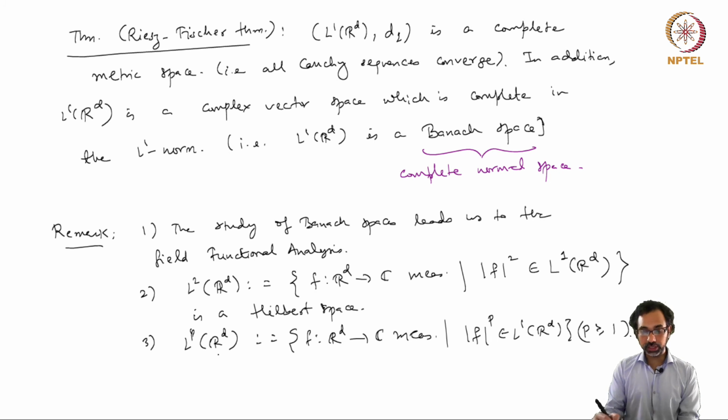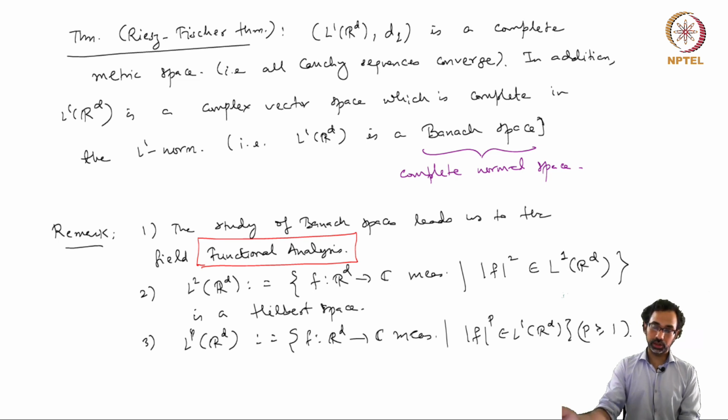So all of these L^p spaces are Banach spaces, but in particular L2 is the only one which is a Hilbert space. All these things are topics taken up in the field of functional analysis. We don't have time to go into all these details, but the Riesz-Fischer theorem is a very fundamental first result in this area, which says that L1(R^d) is a Banach space.